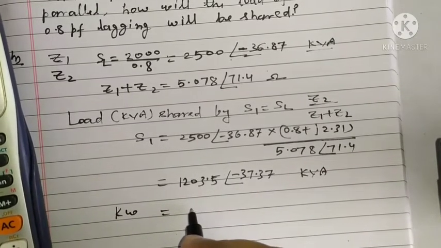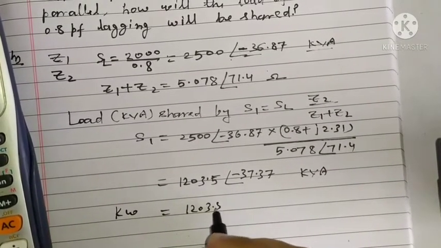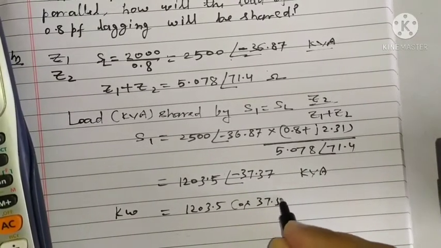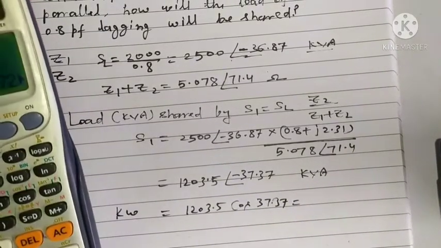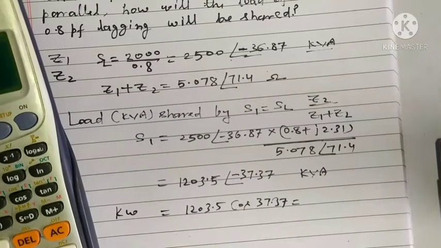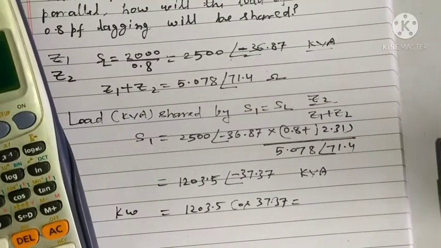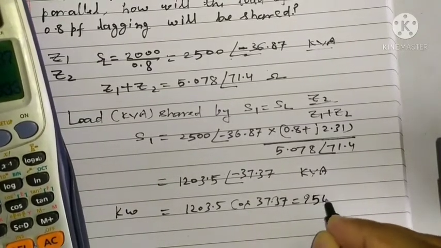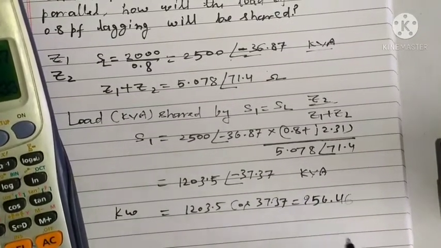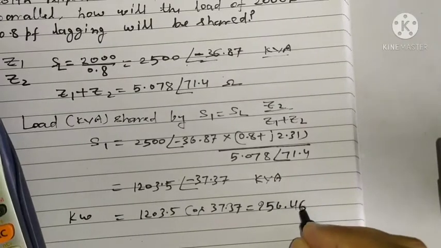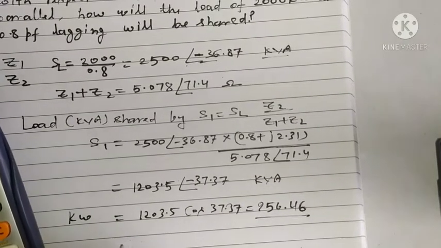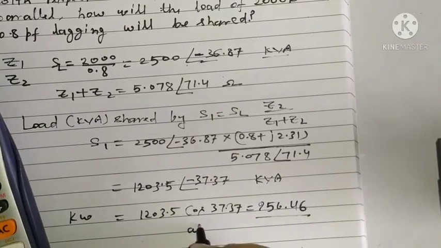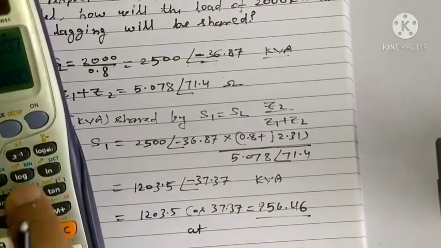what? 1203.5 cos of this angle, cos 37.37. It comes as 956.46. So this power will be shared at this lagging power factor.